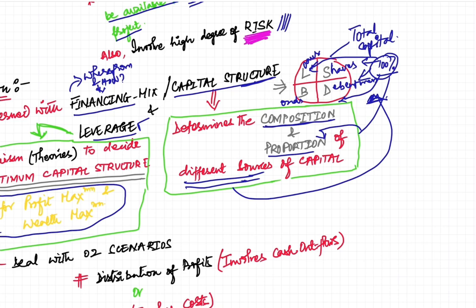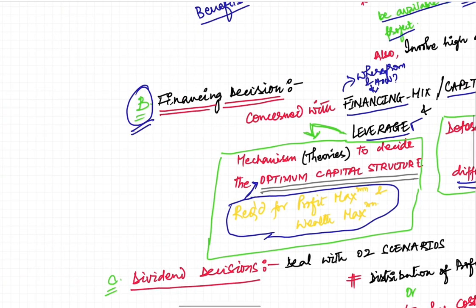Optimum capital structure, optimum. Now, optimum forms can be many. Like you are going to talk about raising capital through shares, debentures, bonds, or loans, right? Now, how much should be this in percentage and proportion terms?